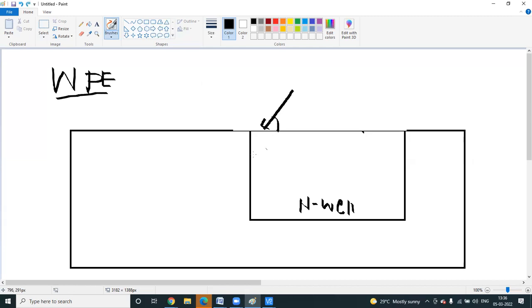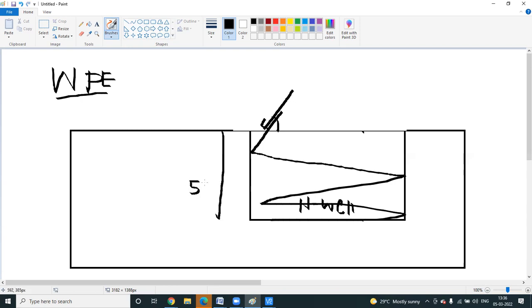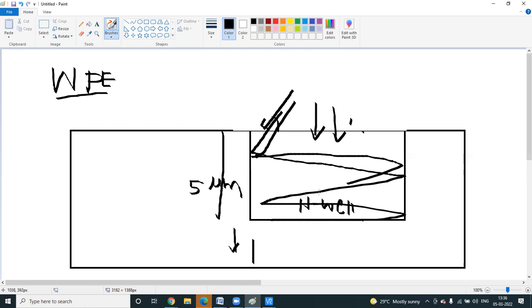The velocity will be reduced. Suppose you want only 5 micrometer, you don't want 7 micrometer. If you fall the electron directly, it will go a little bit deeper. But if you use some angle, it will break at the well, so at the well the speed will be reduced.